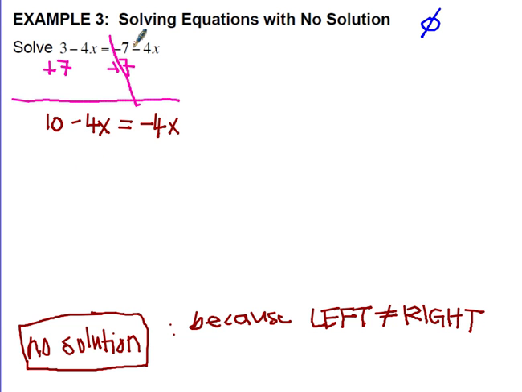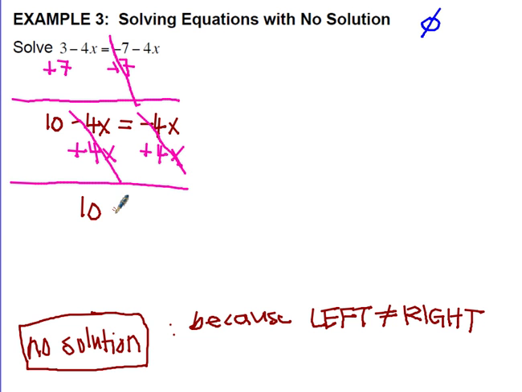And since I started with the right side, I removed negative 7. Now I'm going to move to the left side, and I'm going to move the variable to the other side, to get rid of negative 4x by adding 4x to both sides. Now this cancels out, and again, this negative 4x cancels out as well.